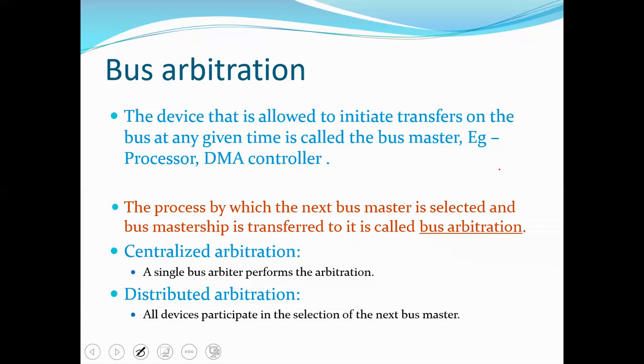Now, bus arbitration. The device that is allowed to initiate transfer of data through the bus is called the bus master. Most of the times it is the processor who is the bus master, and it can be the DMA controller in case of direct memory access. The process by which the next bus master is selected and the bus mastership is transferred is called arbitration.